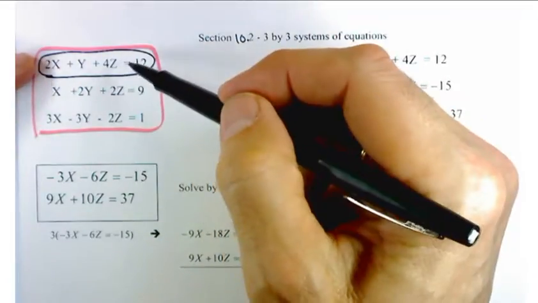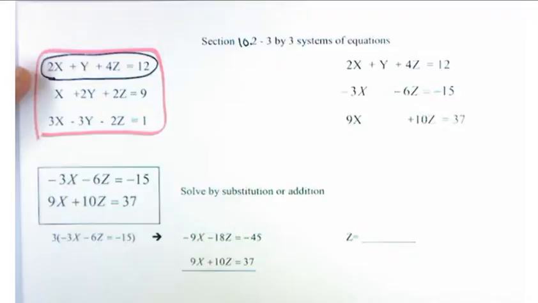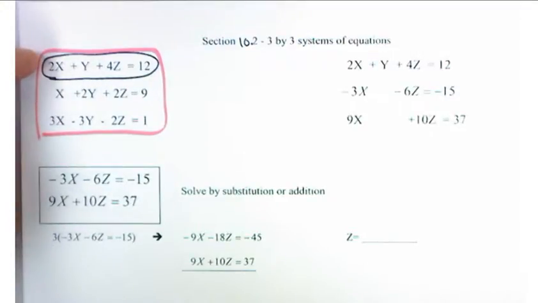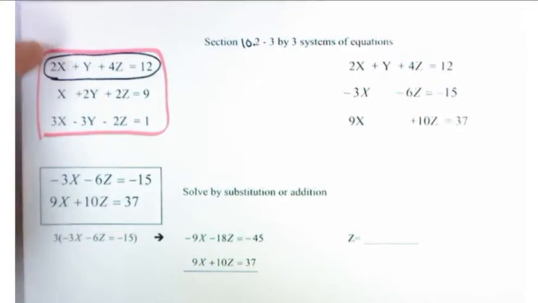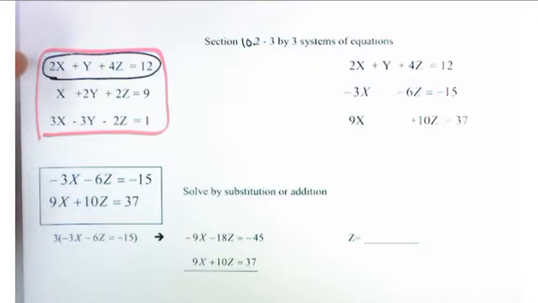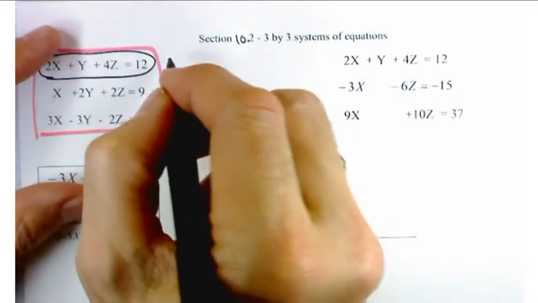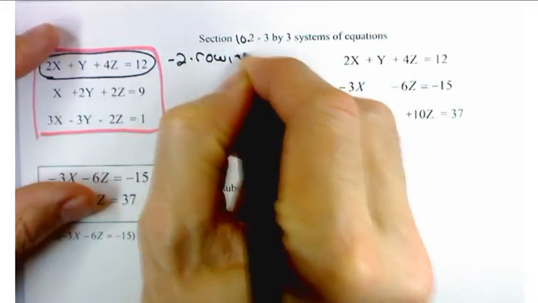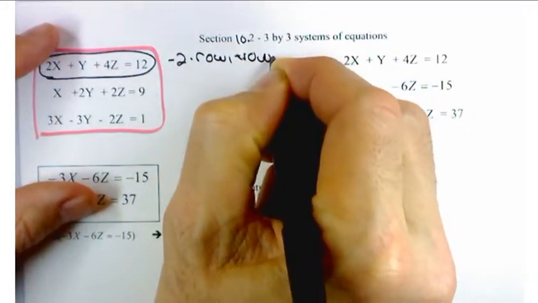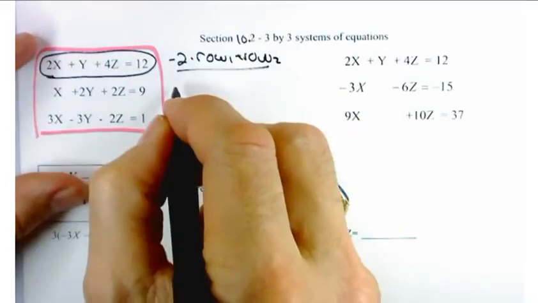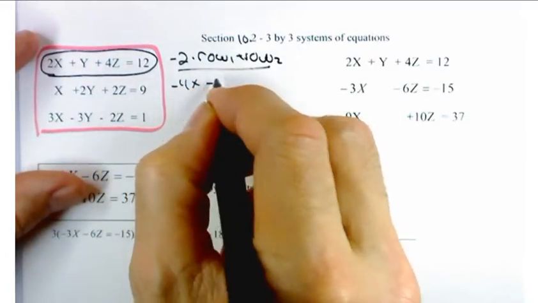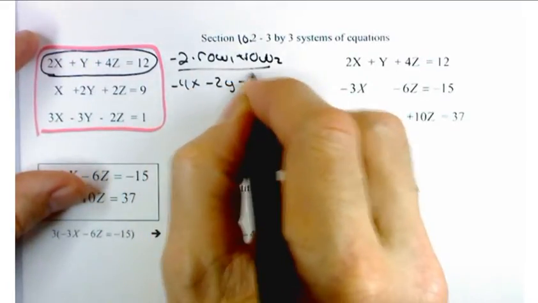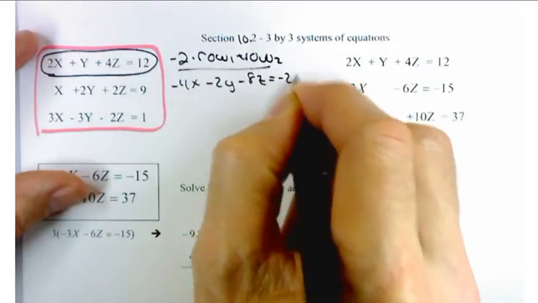Now let's just take a look at equations 1 and 2. What would I have to multiply this by and add it to this row to get rid of the y here? Negative 2. So let's do that. Negative 2 times row 1 added to row 2. So there'd be negative 4x minus 2y minus 8z equals negative 24.